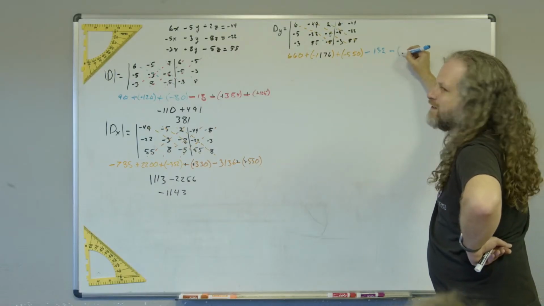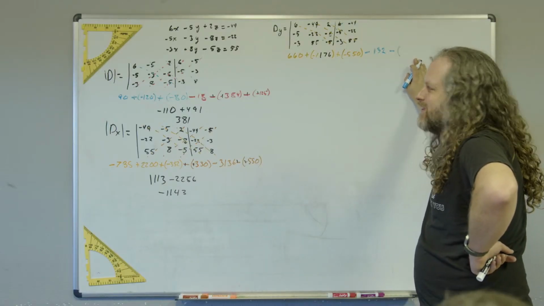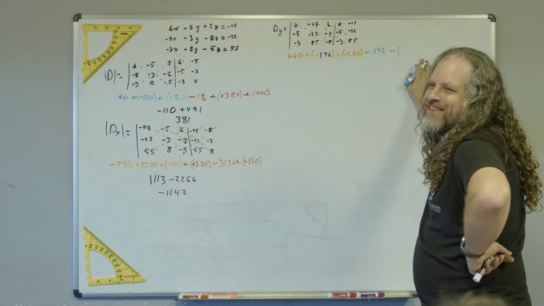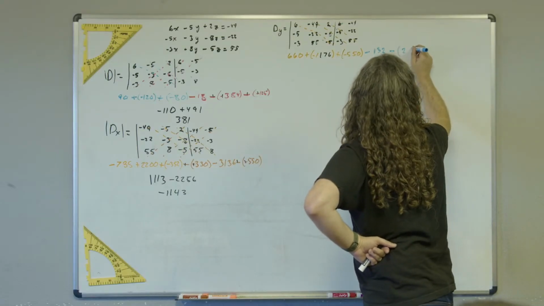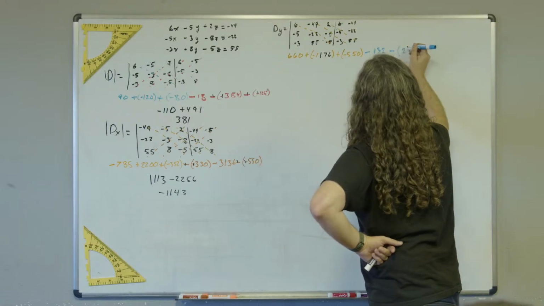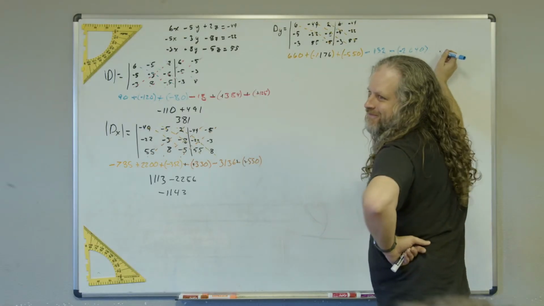What number is that? What did you say? Negative 2,640. What is that number? 2,640. I'm sorry. Say the numbers.